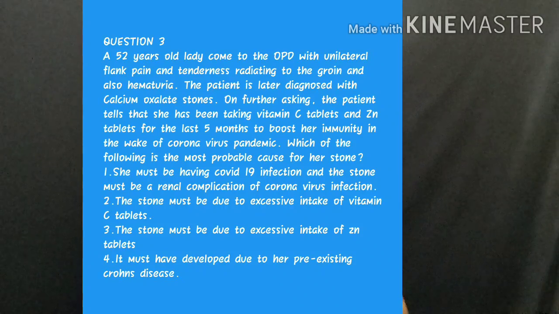But don't you think that if the patient had Crohn's disease, the question would have mentioned a clinical feature related to malabsorption, because Crohn's disease is a malabsorption syndrome? But the patient does not have any clinical features of malabsorption syndrome. So in this clinical scenario, option number 4 cannot be the answer, although calcium oxalate stones do form due to Crohn's disease.